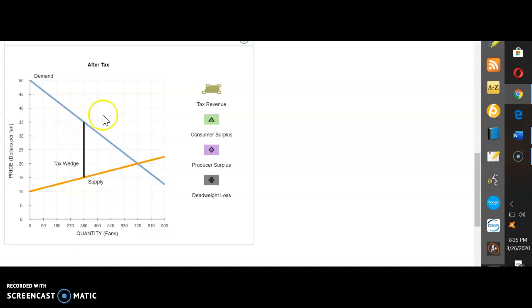But they're just laying it out differently. I think it's easier to shift the curve, but there's our imaginary curve right there. And there's the new equilibrium. This is the difference, this is the tax.